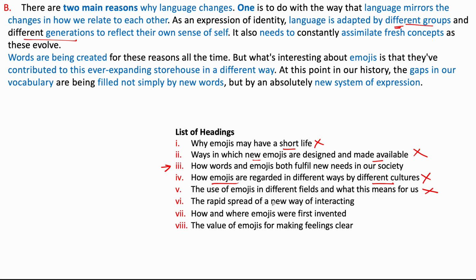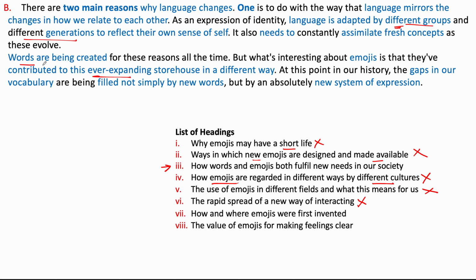The rapid spread of a new way of interacting. Again, it is not mentioned. The confusion could come from the phrase ever expanding. So, the ever expanding or something that is constantly becoming bigger is mentioned in reference to language and words in general. So, words are being created all the time.